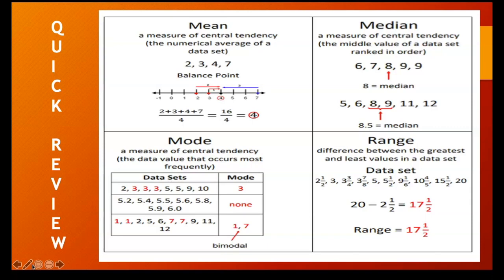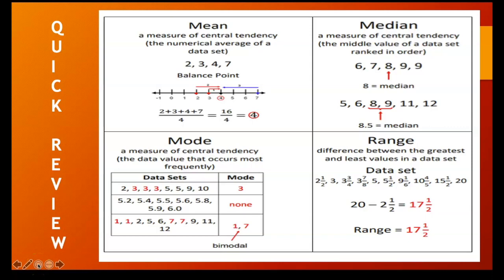Very important point. Your mode is the data that occurs most often, the one that has the most frequency in your data set. You could have a set that has one mode, no mode at all because all of your numbers are different, or it can be bimodal, which means two numbers have the same frequency.